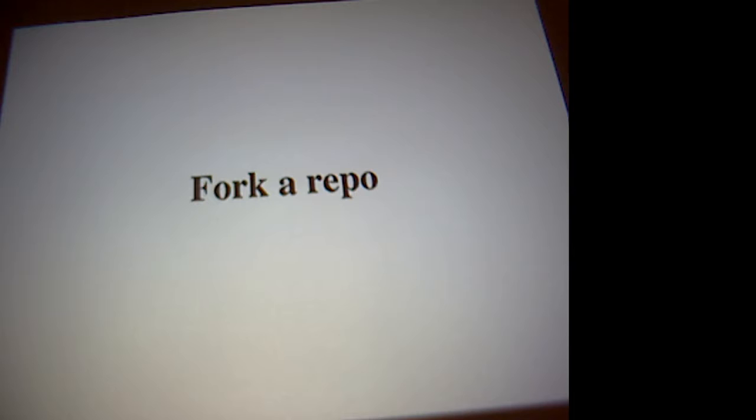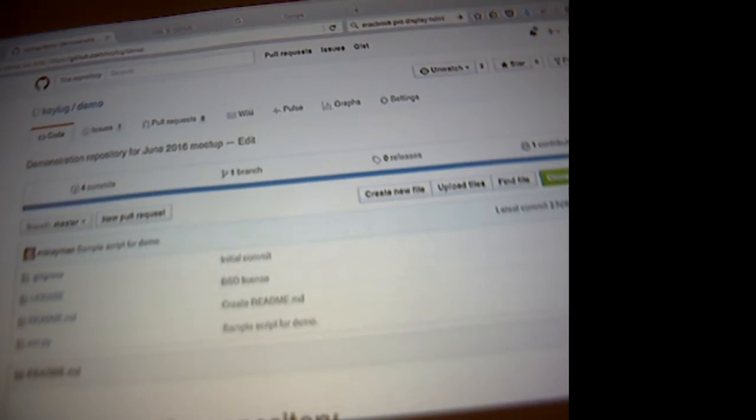But let's say you've gone through that process, and now you find a repository that you want to contribute to or play around with. The step you need to take is to fork the repository. What that means in GitHub's terminology is that on their end, they will take the canonical repository, in this case KeyLUG demo, the repo that we're going to fork, and they'll make a copy for you, a Git clone, and it will have all the same information, but it will be under an account that you have write access to.